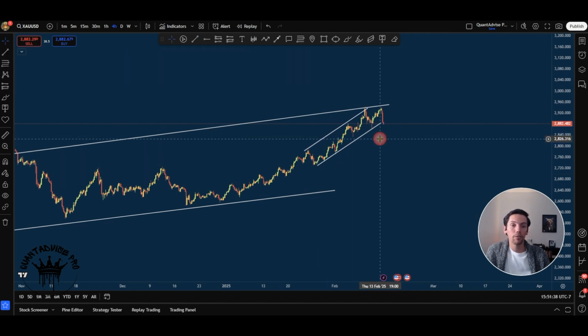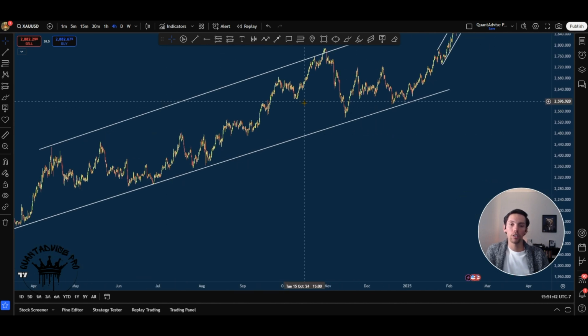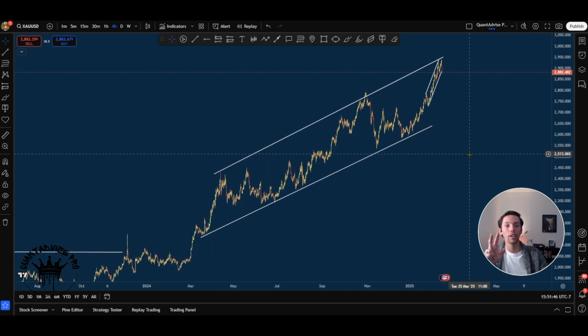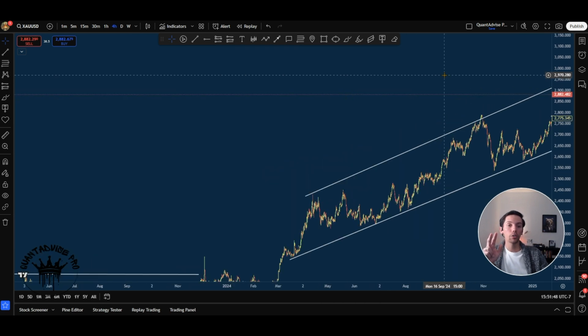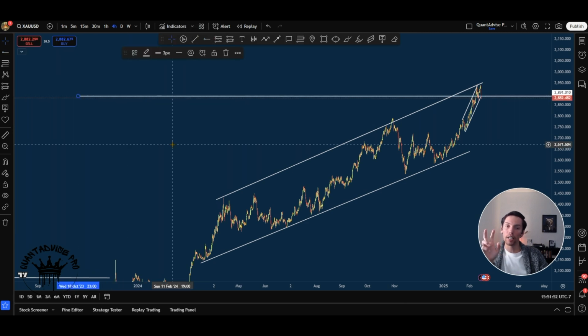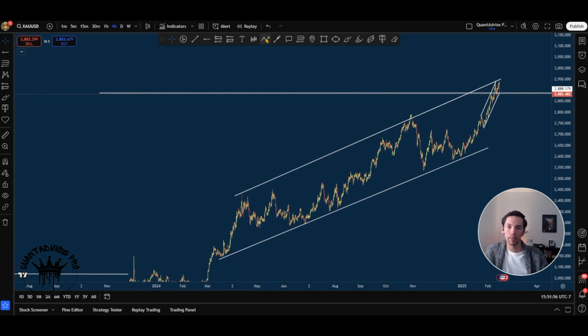So I'm seeing a common trend. See how we're in this, this is called an ascending channel. Now, an ascending channel like this is a lot clearer if we had a point, like a high value area on this side, okay? Like if there was a bigger top.